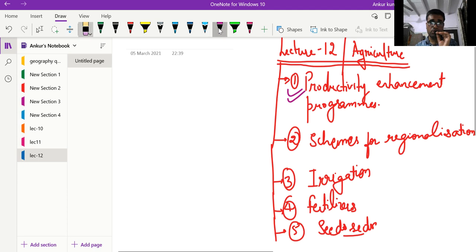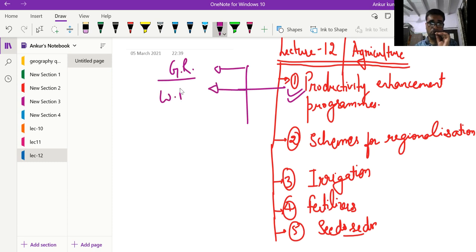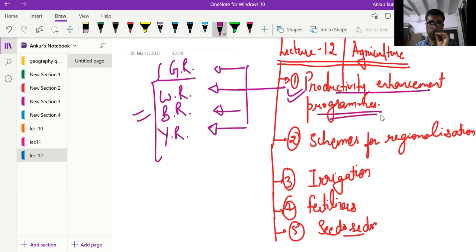We will discuss the green revolution, the white revolution, the blue revolution, and we will also discuss in brief the yellow revolution. So these four revolutions we will discuss in the productivity enhancement programs.